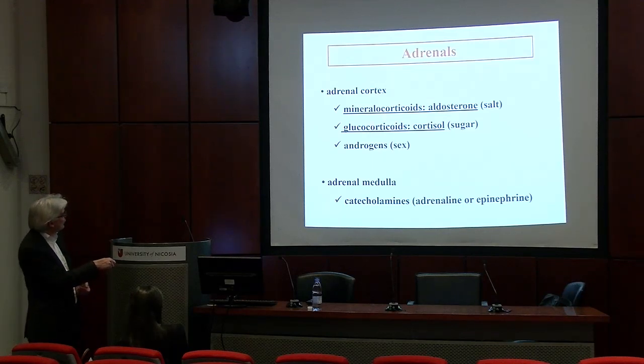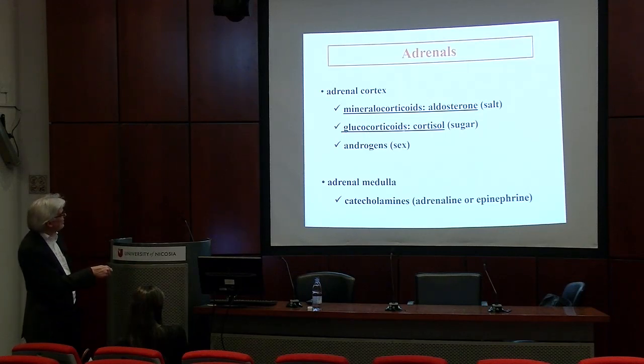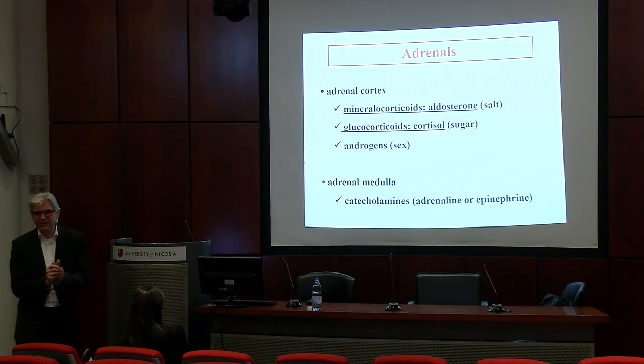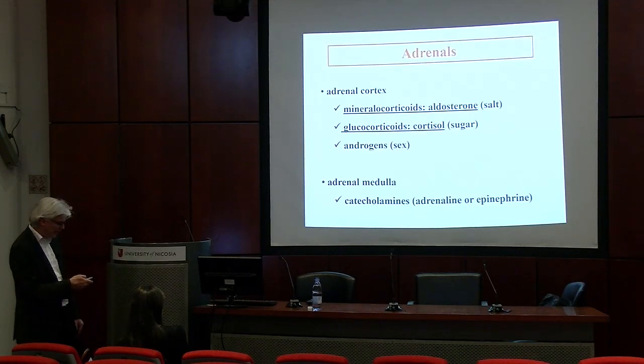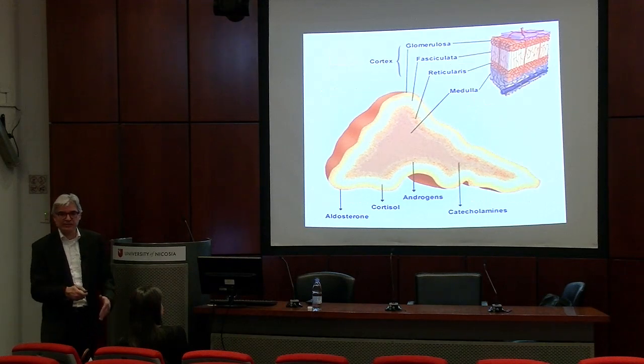Then we have the glucocorticoids, again, hormones derived from the cortex that have an effect on glucose, actually have an effect on gluconeogenesis. And the main representative of that in dogs, cats, and humans is cortisol. Then there are also some androgens produced in the adrenal cortex, not very important in dogs and cats, by the way. And in this slide you see the link between the anatomy and the physiology.